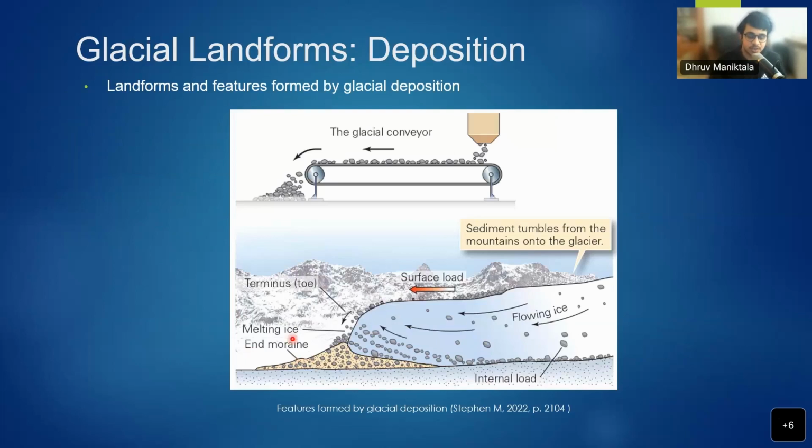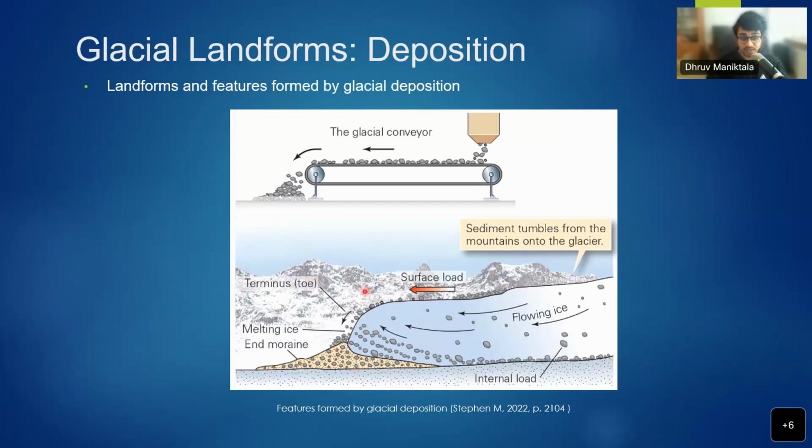And as I showed you in the videos before, when the glacier moves down the slope, it brings down a lot of loose sediments and rocks along with it. When it reaches the terminus or end of the glacier, where the melting is happening, this mixture of sediments gets deposited here, and that's the initial process of formation of glacier landforms due to deposition.